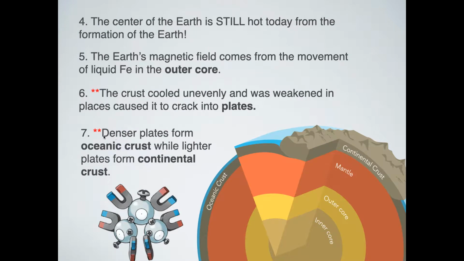And now keep in mind, right, that denser plates are made out of oceanic crust, while lighter plates form the continental crust. So the continents, meaning the land that we actually are currently standing on. So just keep in mind that there are two varieties of plates. The oceanic crust is a lot denser.